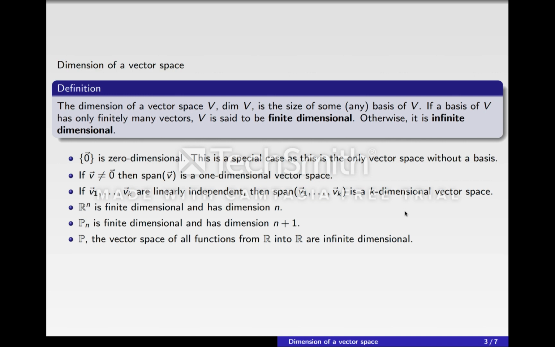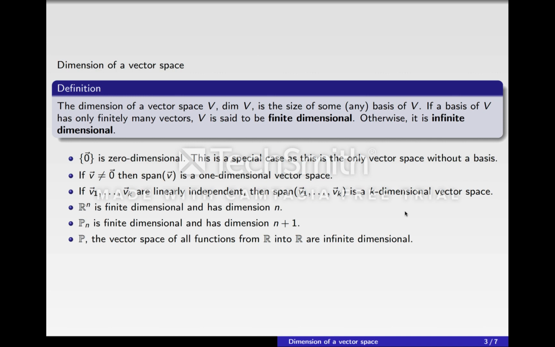P sub n, the polynomials of degree at most n, is also finite dimensional and has dimension n plus 1. Just for example, the vector space that we used in the previous lecture was P sub 2, and that's a vector space of dimension 3, and a standard basis for that is the set of 3 vectors 1, x, x squared.